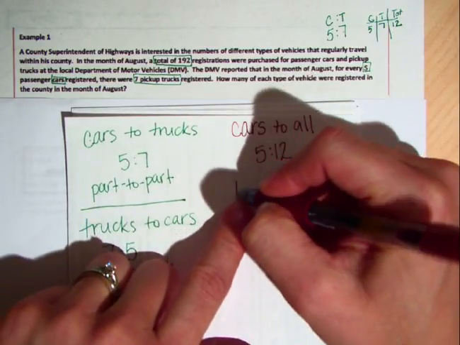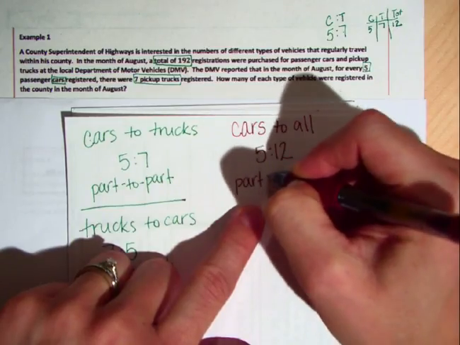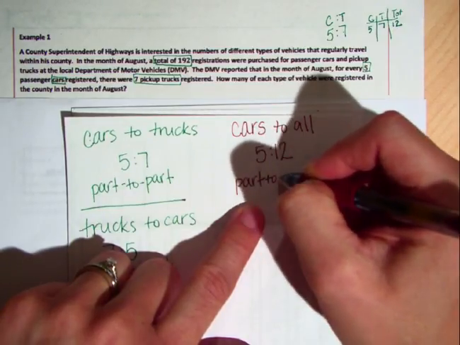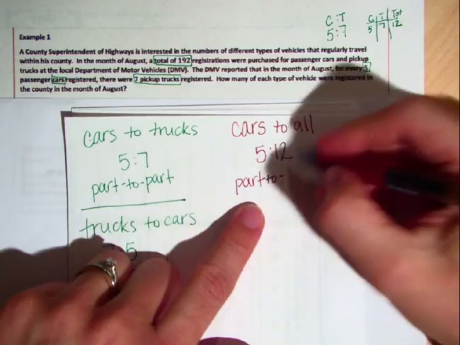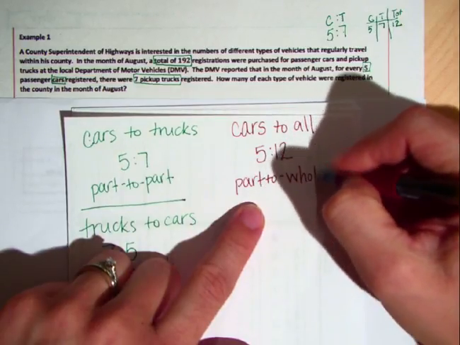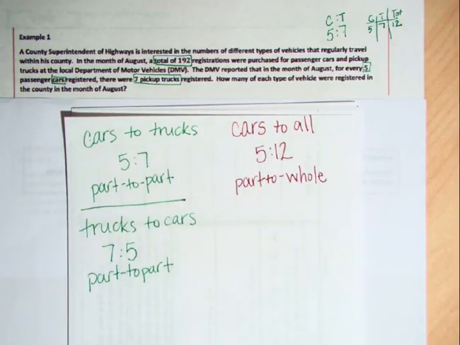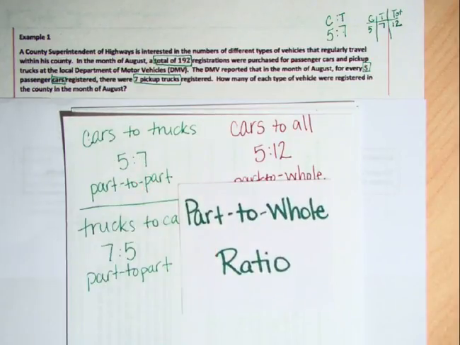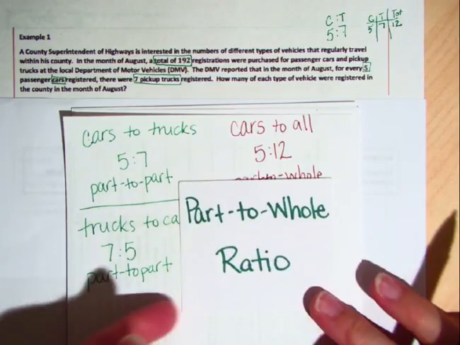So this would be part, because cars is part of it, to the whole thing. This is another vocabulary word that I would like for you to put in your ISN. Part to whole ratio. Part to whole is when you take part, again like our first part, to the whole thing. So put that in your own words also and make it stand out so that you can find that vocabulary word later on.